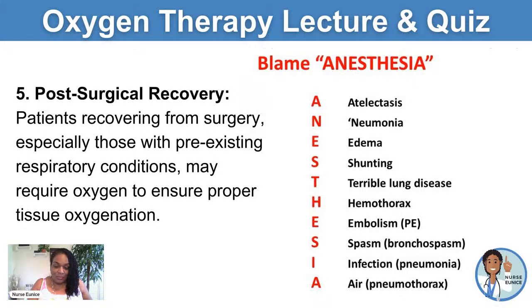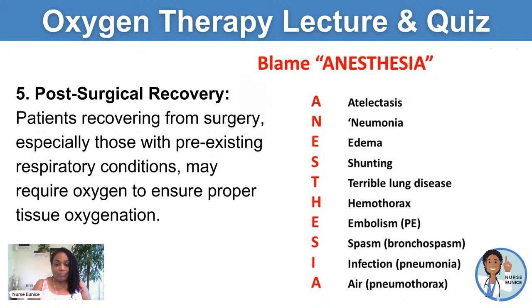Pneumonia, of course, pneumonia doesn't start with an N, but just bear with us. It's my mnemonic. Edema, shunting, meaning that the oxygen is going to a different area. Terrible lung disease, hemothorax, so that means that there is blood in the lung. Embolism, as in pulmonary embolism or blood clot.